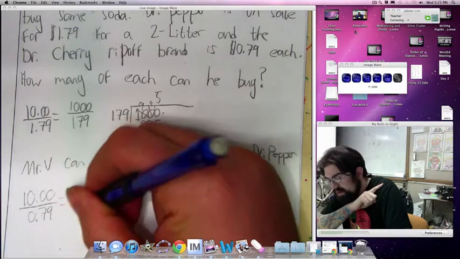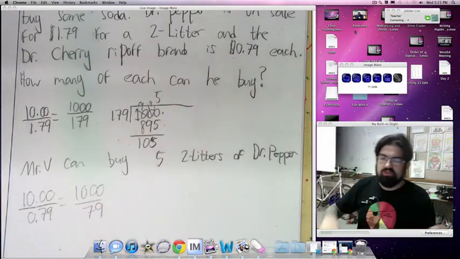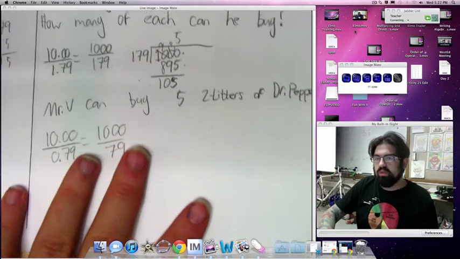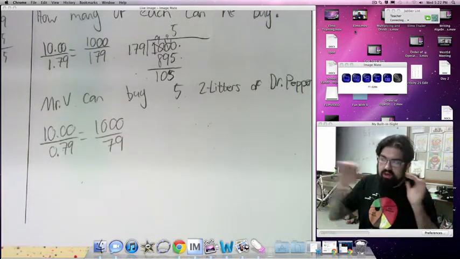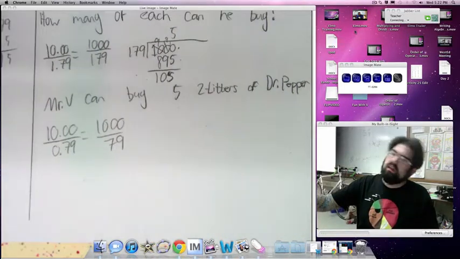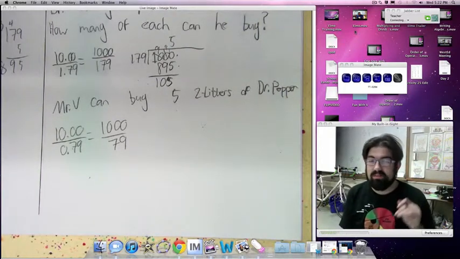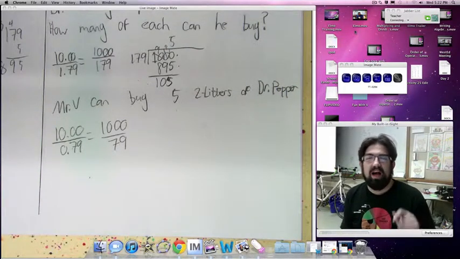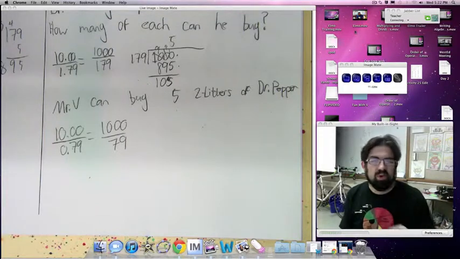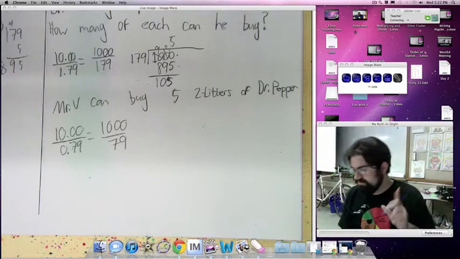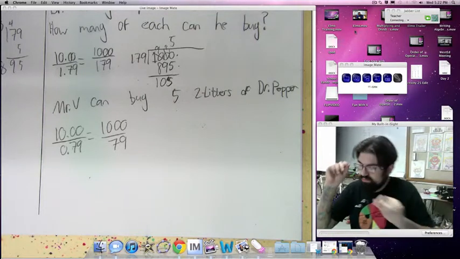But now I'm dividing by 79. That's a smaller number than 179. It's like under half. If I double that, it's going to be smaller than 1.79. I'm going to bet I can buy more than 10 because double 5 is 10. I bet it's 10 or more. I'm predicting. We're going to check.